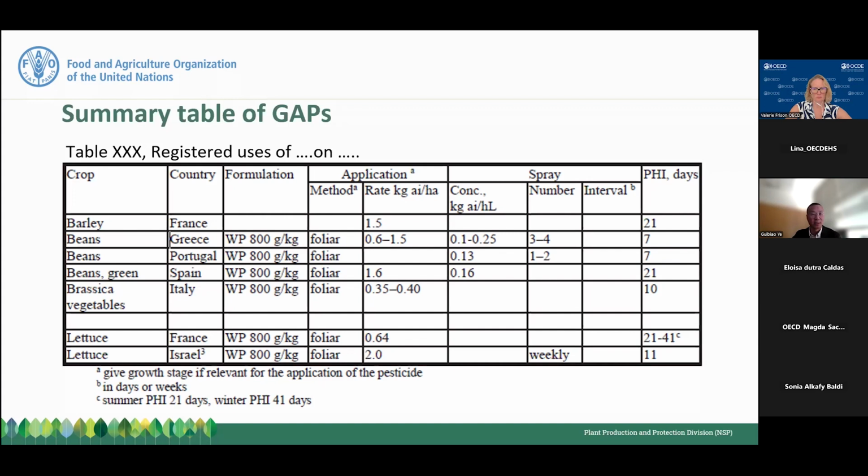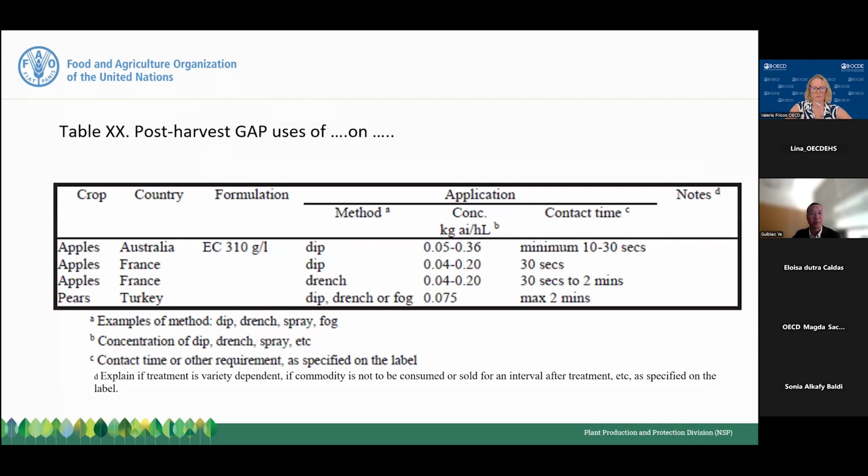So this is for normal pesticide GAP. The post-harvest GAP is a little bit different, so we also have a sample for it. We have the crop, the country and the formulation.